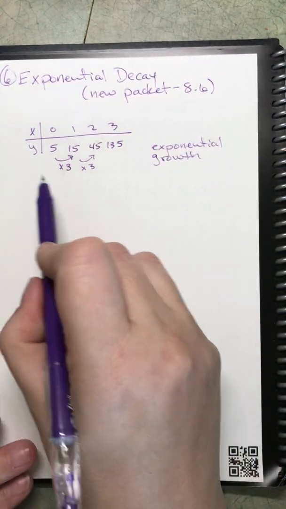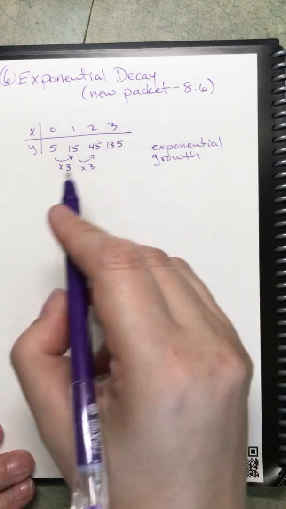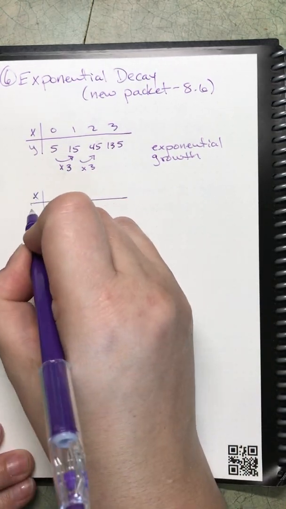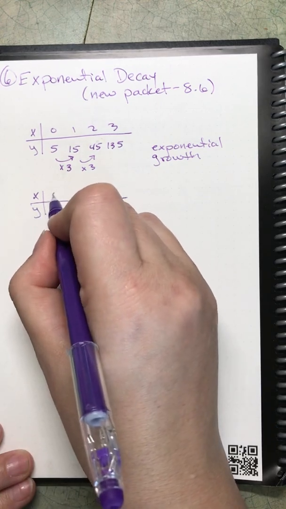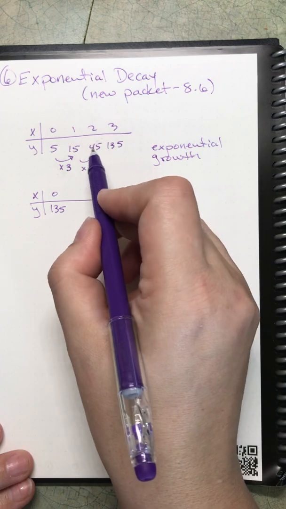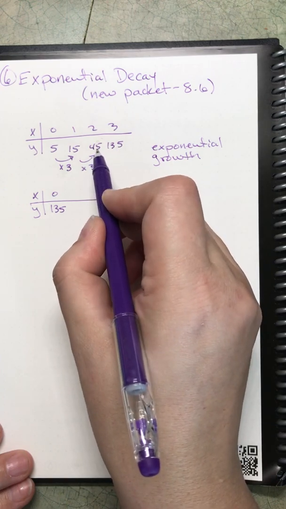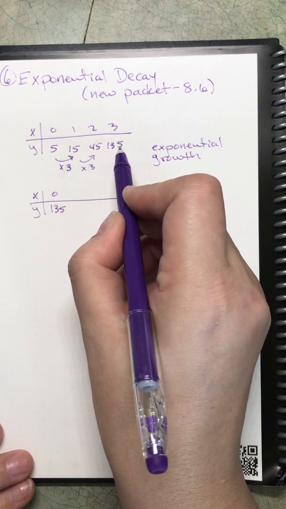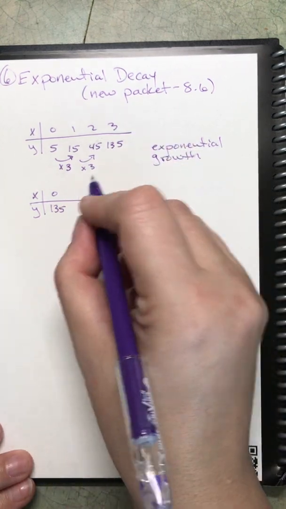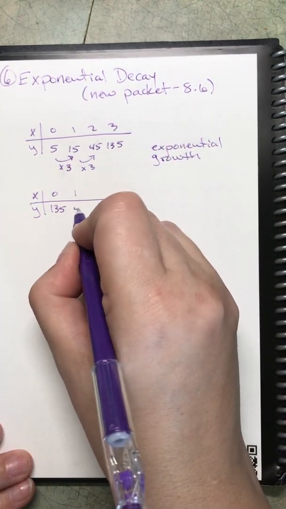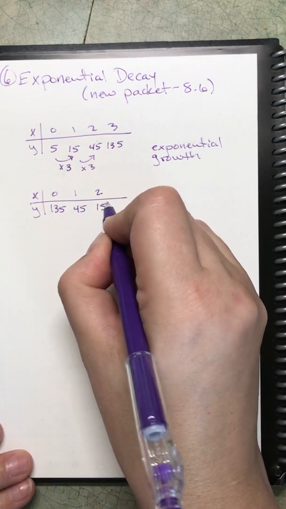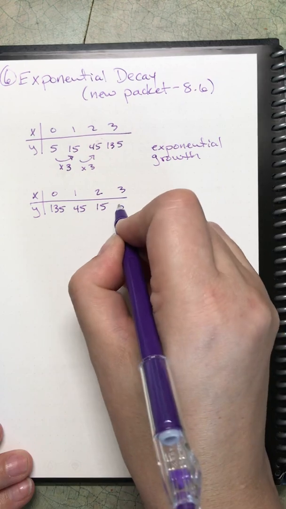Okay, well, what if instead of multiplying each time, I were dividing each time? So let's say I flip this around. I feel like I did something wrong here. 5 times 3 is 15. Carry the 1. 3 times 12. Yeah, that's right. Okay. 1, 45, 2, 15, 3, 5.